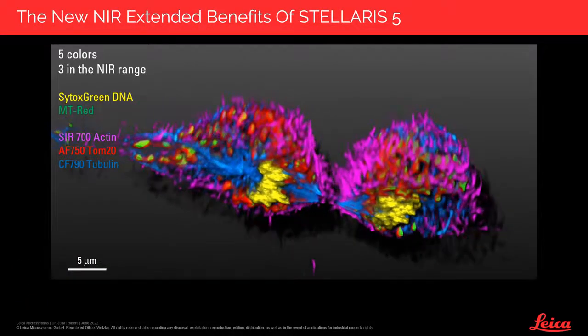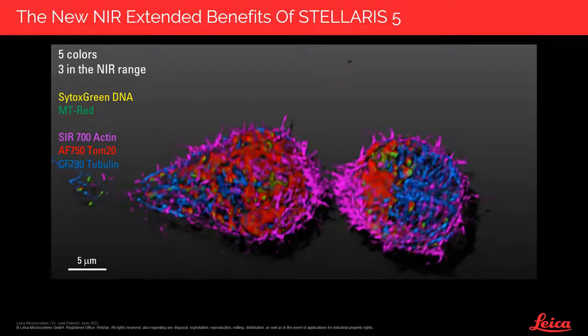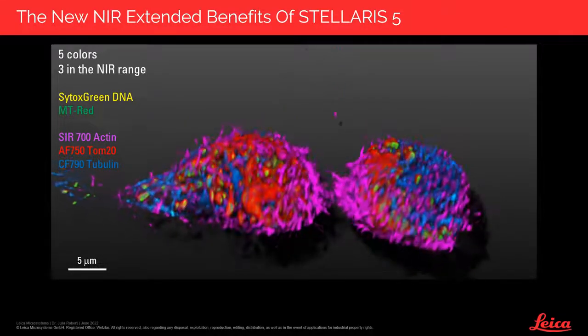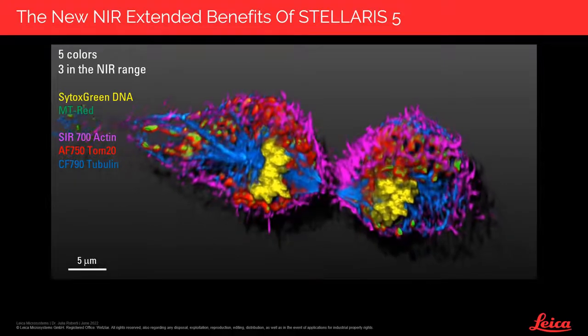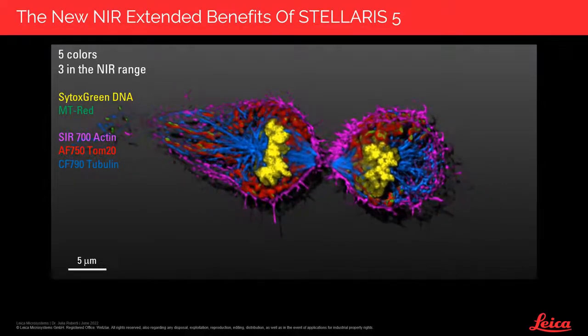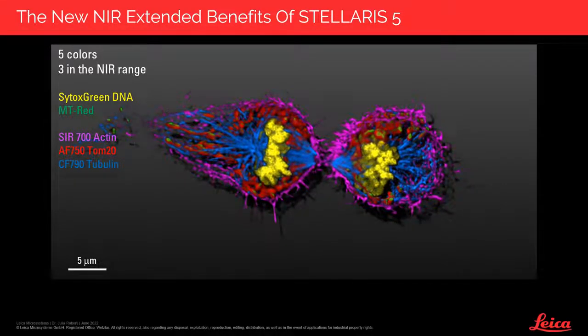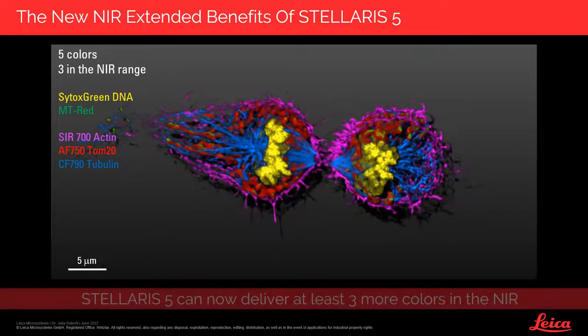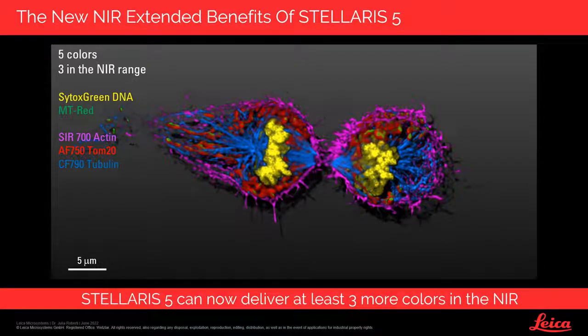This allows, for example, to very easily realize multicolor experiments like here, where I can show you 5 colors simultaneously with 3 of them in the NIR range. This was recorded with Stellaris 5, and Stellaris 5 can now deliver at least 3 more colors in the NIR range, as an example.